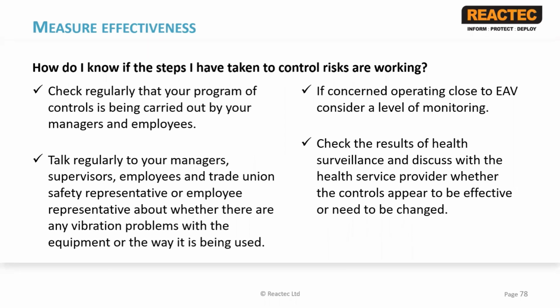So having designed a series of control measures, it's important that you then assess whether or not your control measures have been effective in reducing the exposure to vibration to the levels that you desired.